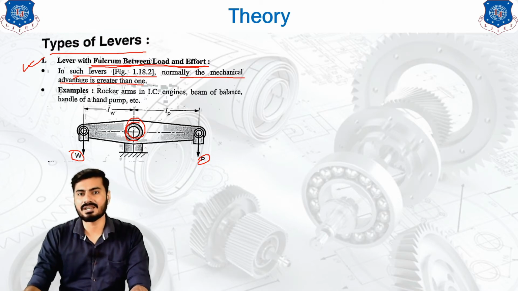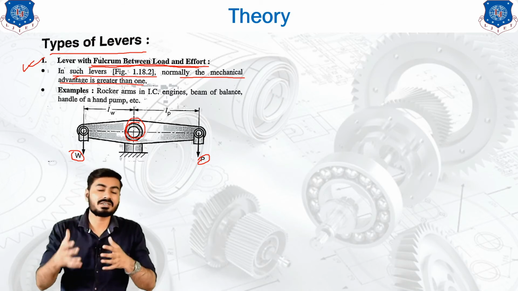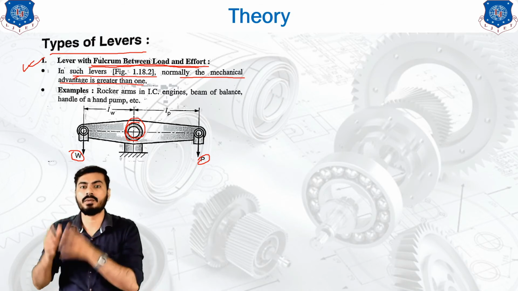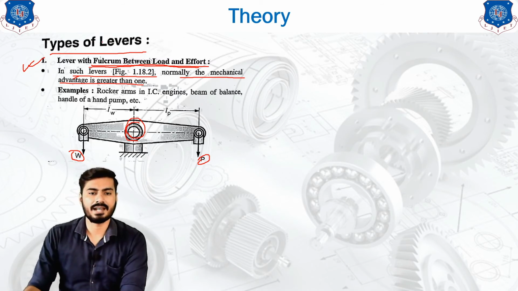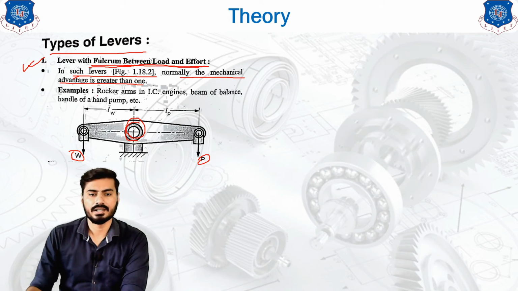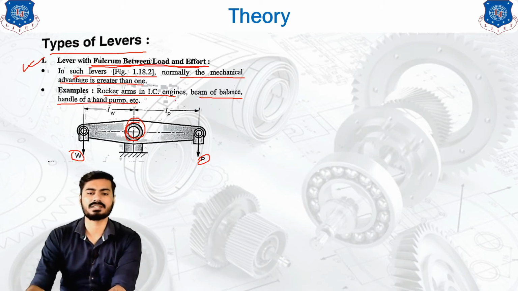Based on the application we will utilize different types of lever, with the mechanical advantage varying from greater than 1 to less than 1. Examples of this type of lever are the rocker arm lever in an IC engine, the beam of a balance, and the handle of a hand pump.